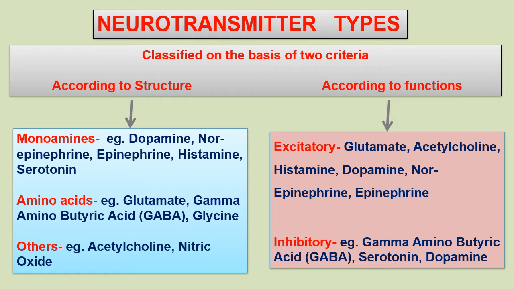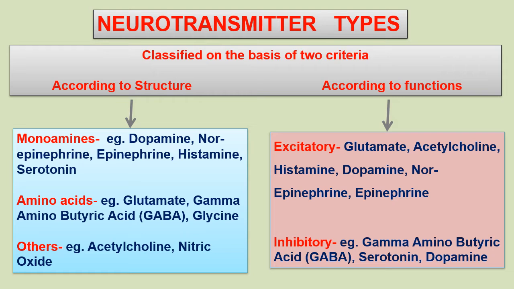They contain one amino group connected to an aromatic ring by a two-carbon chain. They are involved in fast synaptic transmission and are inhibitory and excitatory in nature. Examples are dopamine, norepinephrine, epinephrine, histamine, serotonin, etc.